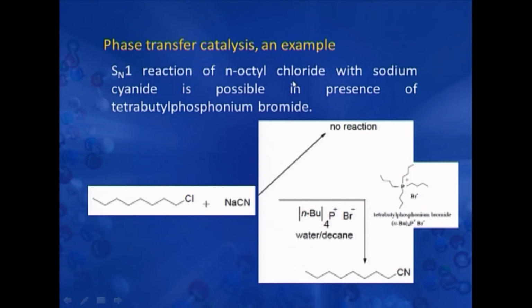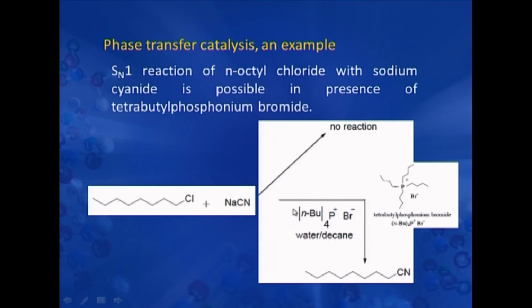See, normal octyl chloride is not soluble in aqueous phase, whereas sodium cyanide remains in the aqueous phase. So, if we treat the two reactants together, no reaction takes place. But if we add a phase transfer catalyst like tetra normal butyl phosphonium bromide into the reaction mixture, then the product is formed.